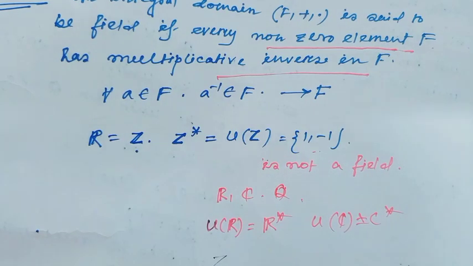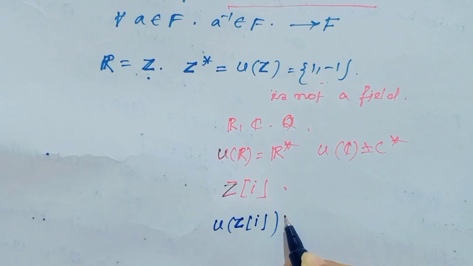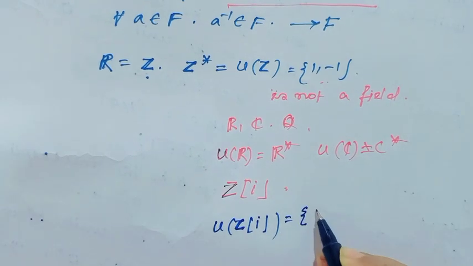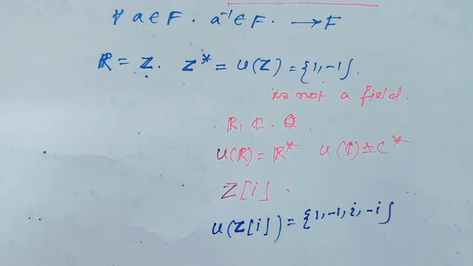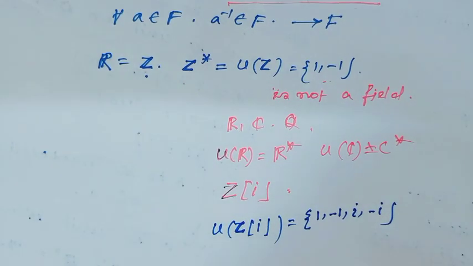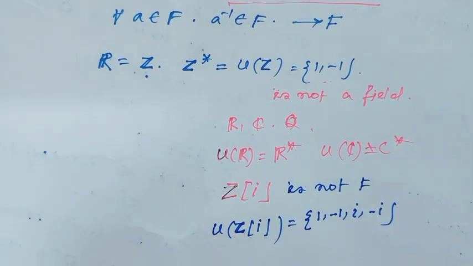Gaussian integers, Z[i]. Is this a field? This is U(Z[i]). We all know this is the set containing the elements 1, minus 1, i, minus i. Okay? Therefore, Z[i] is not a field because not every element has a multiplicative inverse.